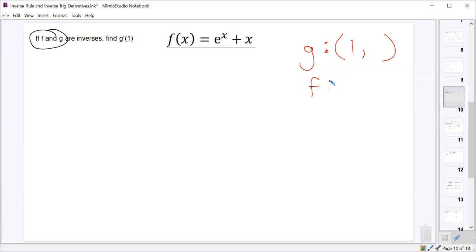F must have a point that is related to that point where the y value is 1. So in order to figure out what that is, we need to figure out when does e to the x plus x, when does f of x equal 1.